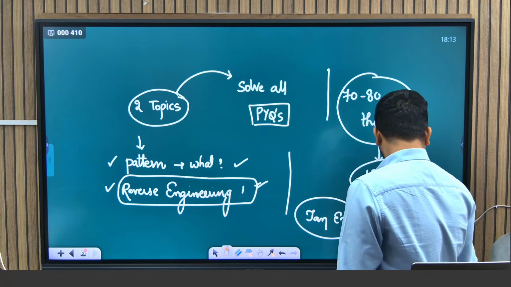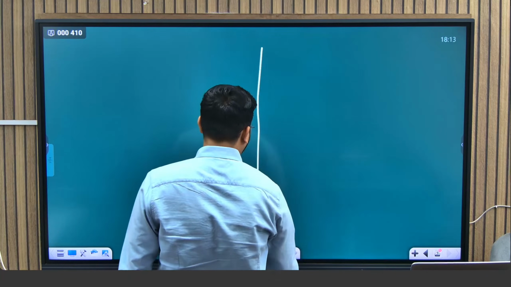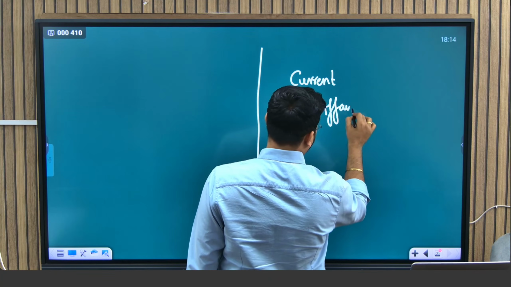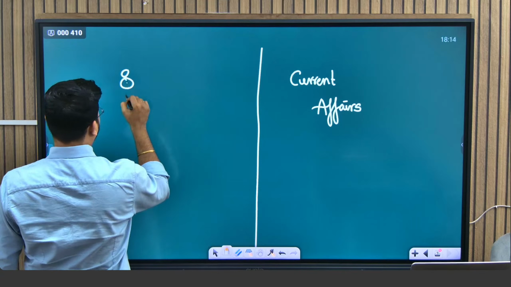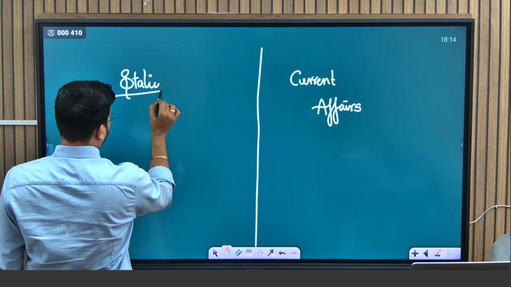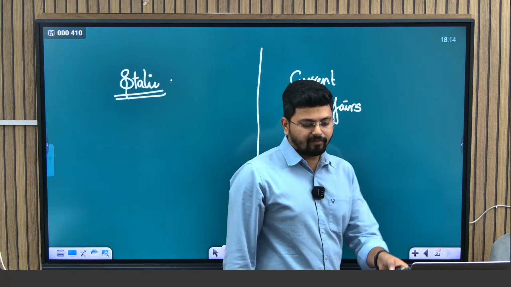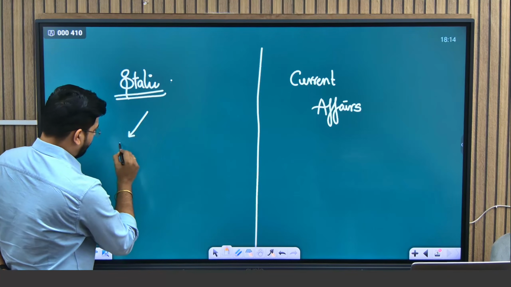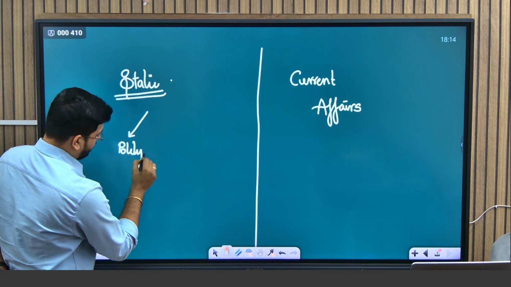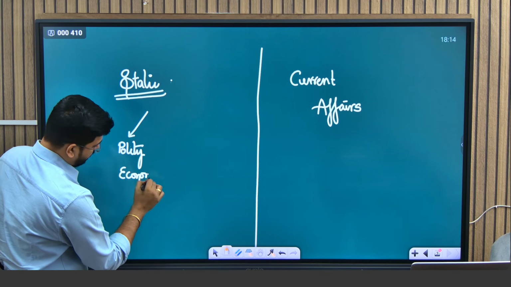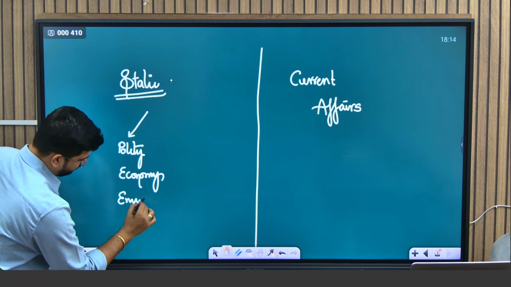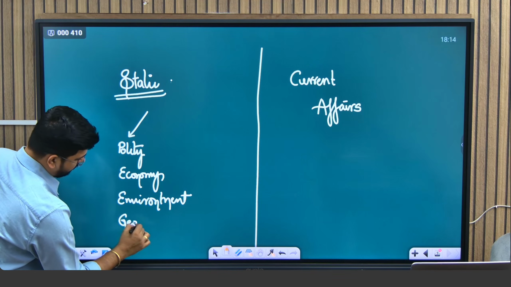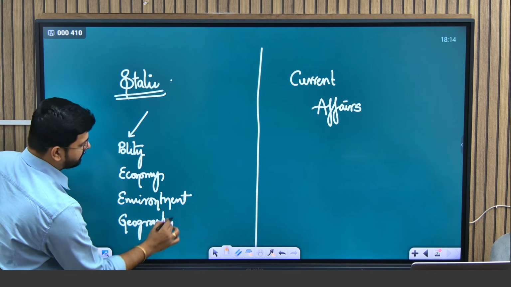Now coming to the reading of static books. See, you have current affairs also, we'll be discussing this. Dealing with static books, there are main core subjects, that is polity, economy, environment, geography, science and tech, history.